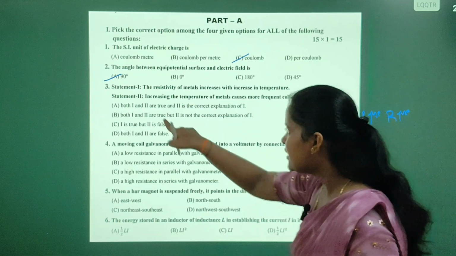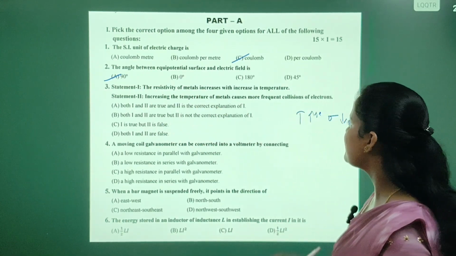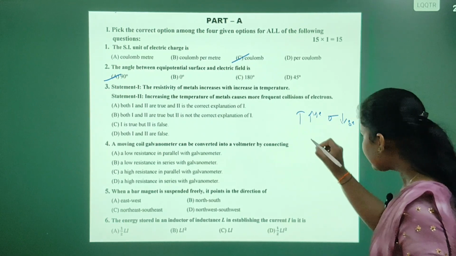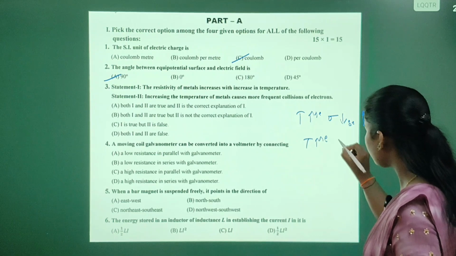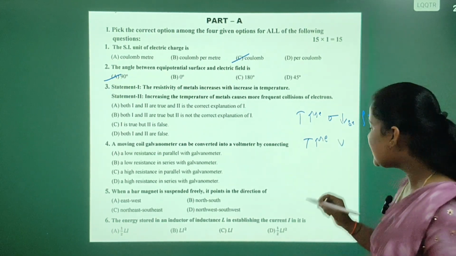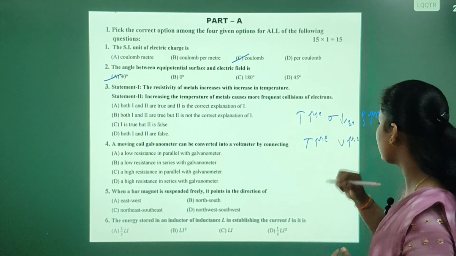In the same way, the second statement: increasing the temperature of the metal causes more frequent collision of electrons. Temperature increases in the metal. What will happen? The thermal speed of electrons increases. The thermal speed of electrons increases, so the collision of electrons increases.